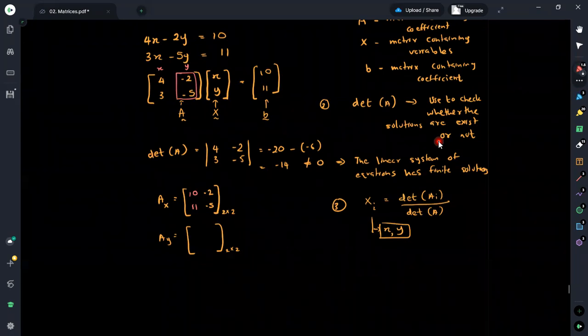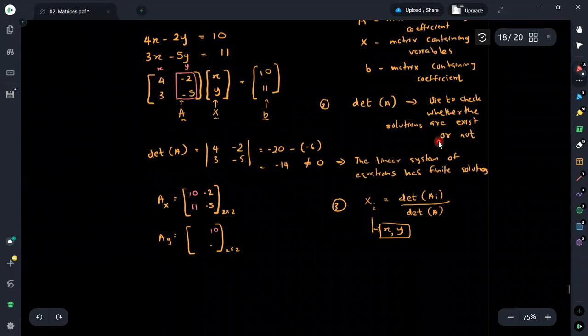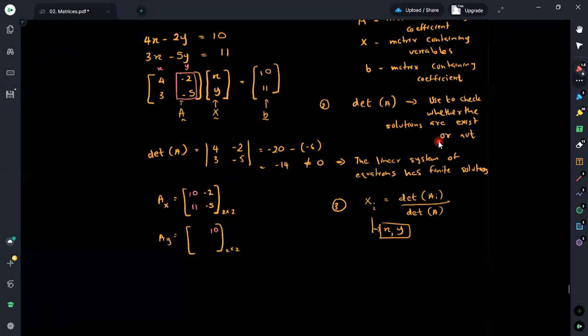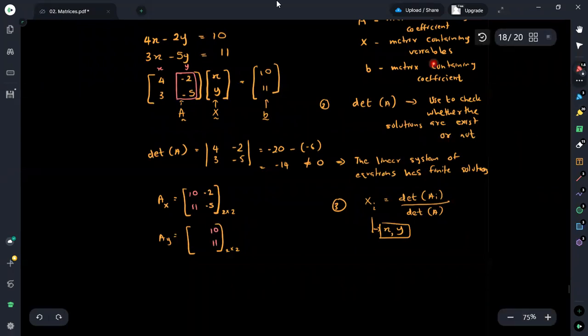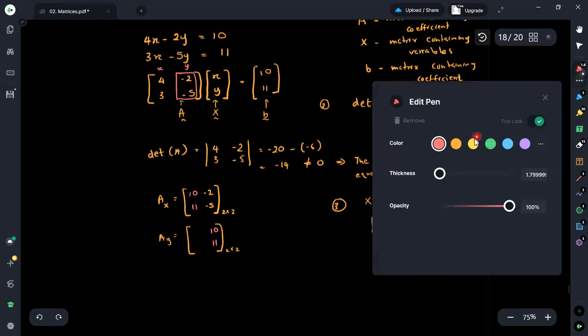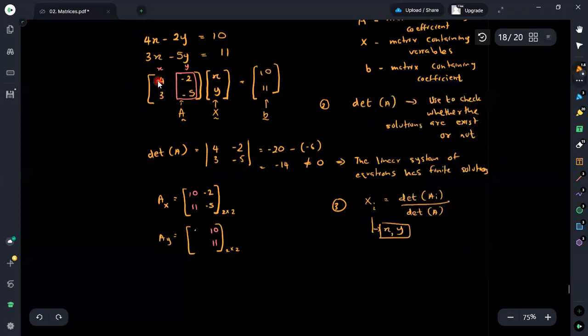Therefore, this column has to be now replaced with the constant terms. Therefore, we can take this as 10 and 11. It is because these are the values that we have written for the second column, and then the first column has to be kept as it is, because these are the values that we are obtaining from the matrix A. It is 4 and 3.